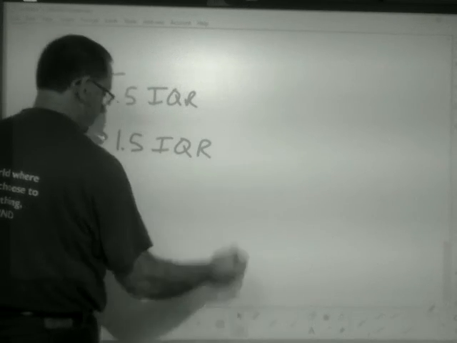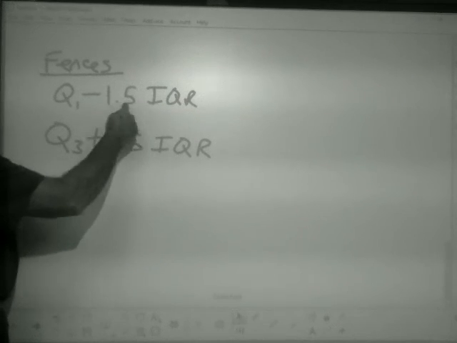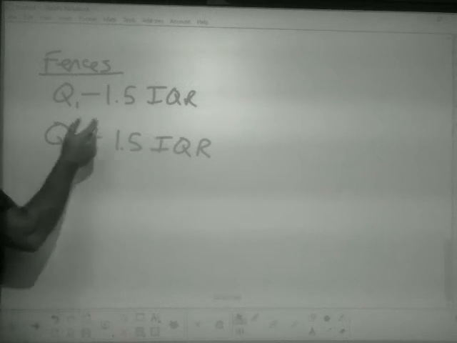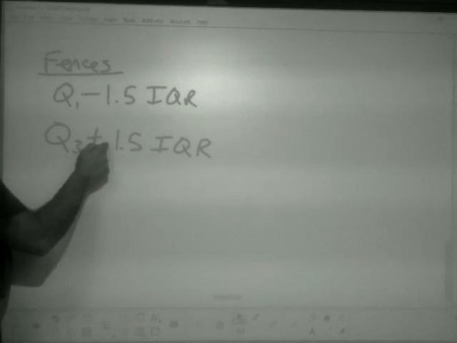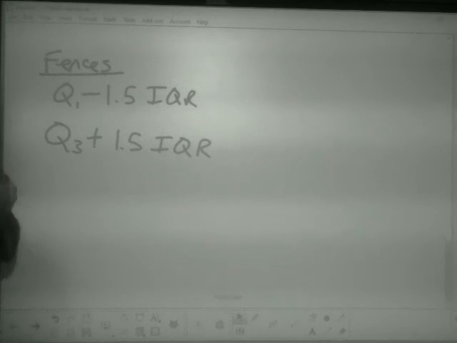But basically, again, we're finding the IQR, multiplying by 1.5, taking Q1 and subtracting whatever this is, and taking Q3 and adding whatever it is. And those are the two boundaries or the two fences that we use to determine if there's outliers.